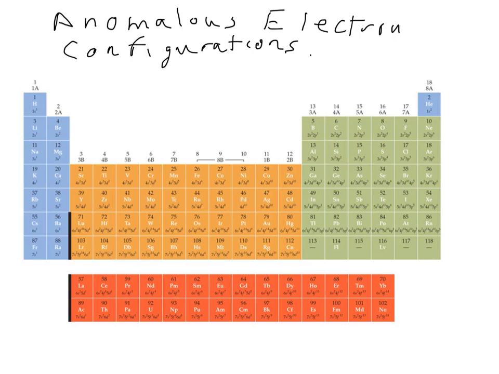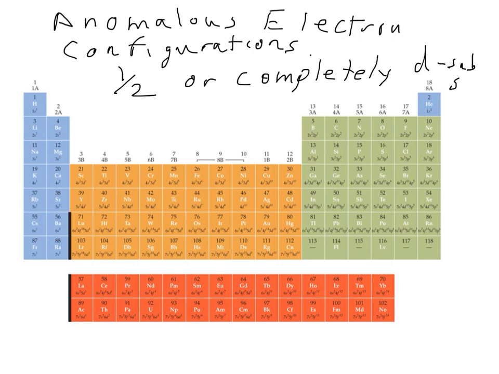These anomalous electron configurations can usually be explained by the desire of atoms to have half-filled or completely filled D subshells. Let's take a look at a couple examples.